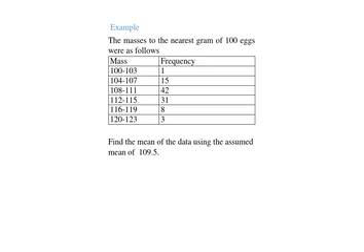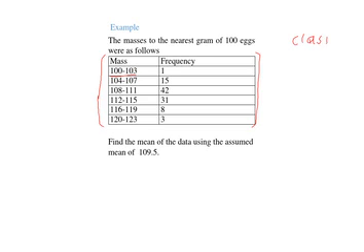For example, the masses to the nearest gram of 100 eggs were as follows. So you are given a grouped data here which is already tabulated. We have the mass and their respective frequencies. If you look at the masses which are given, you find that they are grouped in classes.